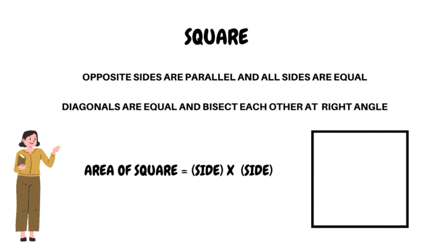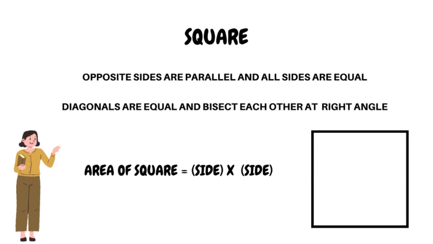Next we have square. Square is also a kind of quadrilateral. All four sides of a square are equal. It is a special kind of rectangle where adjacent sides are equal, and the diagonals of a square are equal and they bisect each other at right angles.